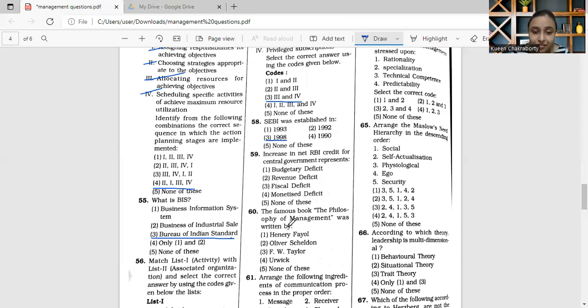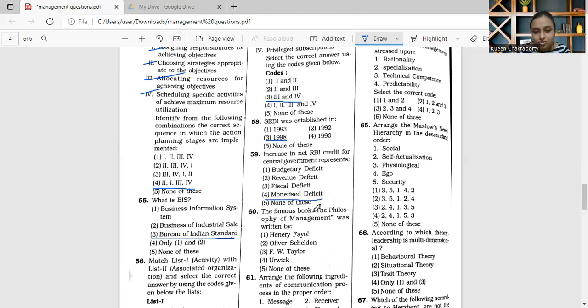Monetized deficit in finance is the net increase in the Reserve Bank credit to central government, which is the sum of increase in RBI's holding of Government of India dated securities, treasury bills, rupee coins, loans or advances from the Reserve Bank of India to center since April 1st, 1997. Okay. So accordingly, we have monetized deficit as the correct answer. So 59th answer will be option number 4, which is monetized deficit.